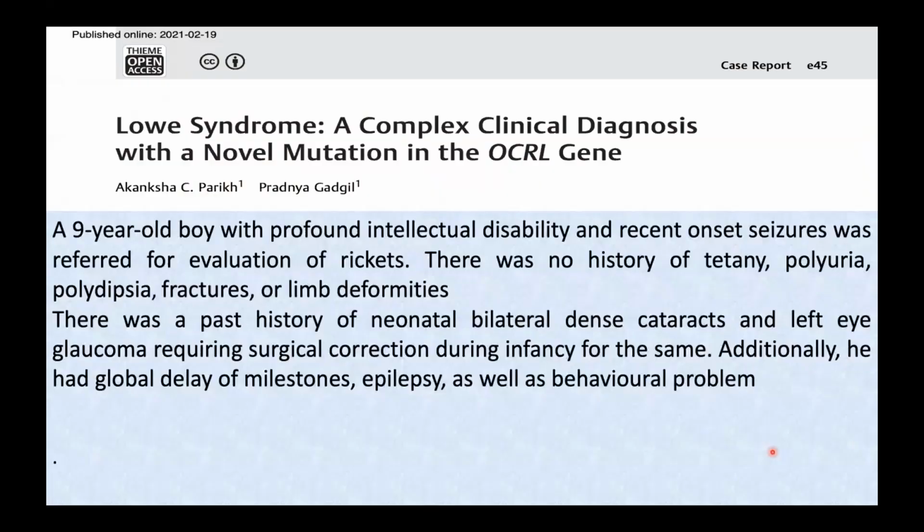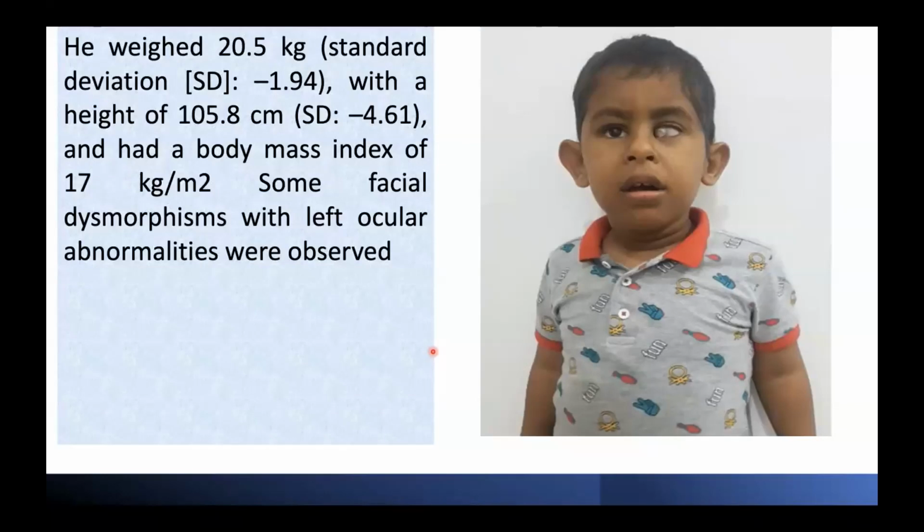This is a case of Lowe syndrome published from India. This 9-year-old boy presented with profound intellectual disability, recurrent seizures, and also rickets, but there is no history of any tetany, polyuria, or polydipsia. The child had a history of bilateral dense cataract and required surgery in infancy for correction.